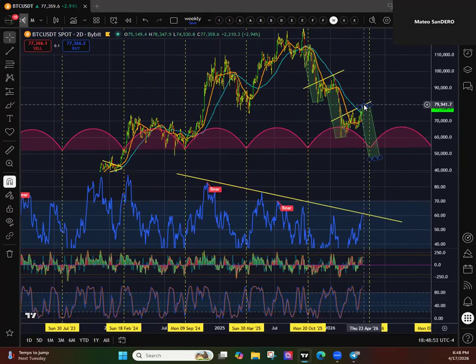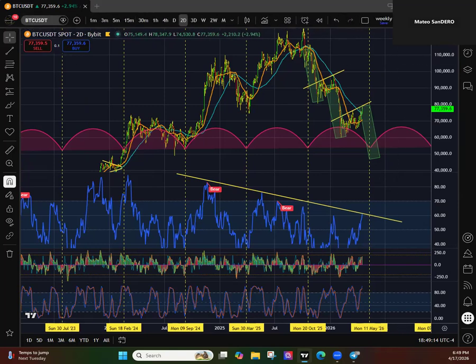That's not a sign of strength. That's essentially a warning sign that as this is making higher highs, higher lows in this time frame, this momentum, which is multi-years, is not picking up the pace. That's a bearish divergence. So that's one thing that we're looking at, also in line with the time cycle. This is the 2-day. So we have that to look at.